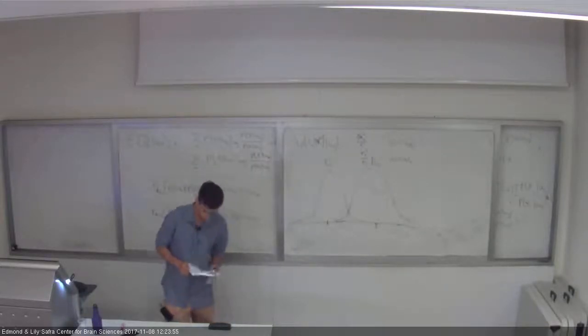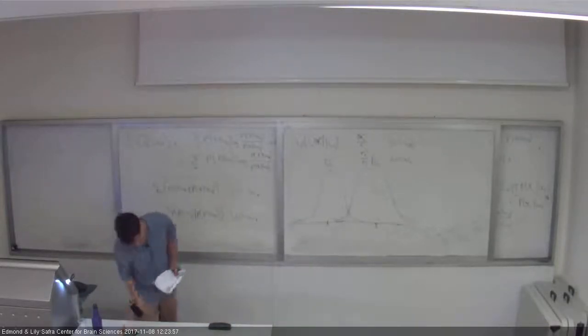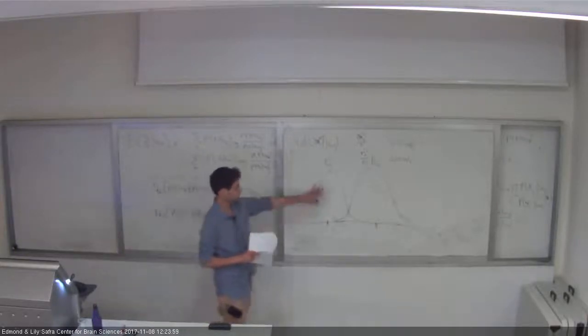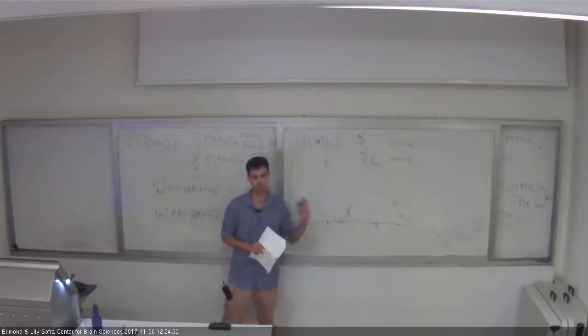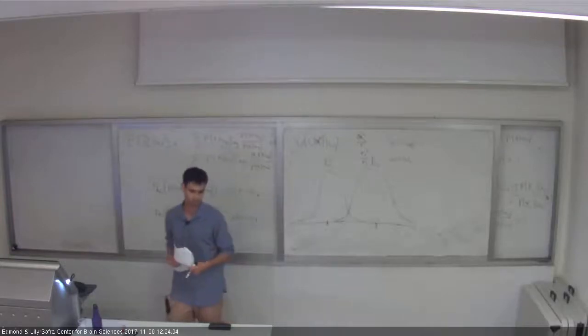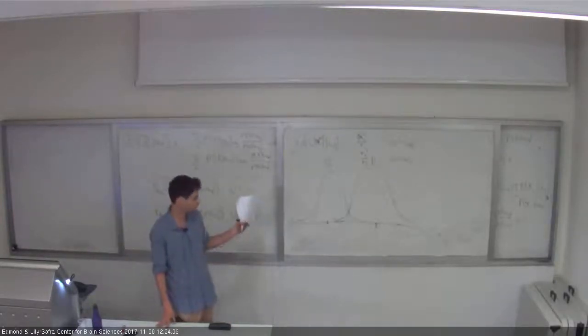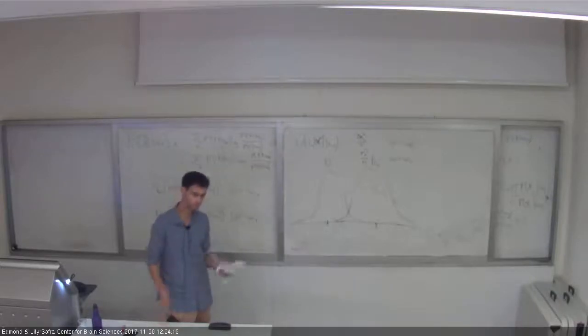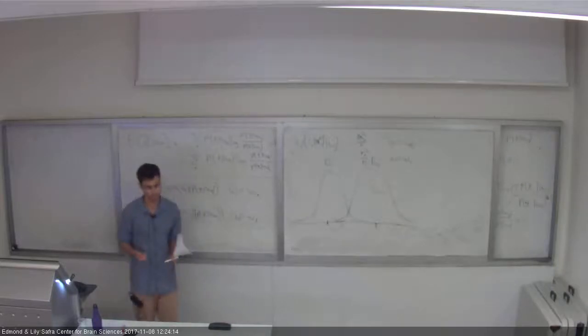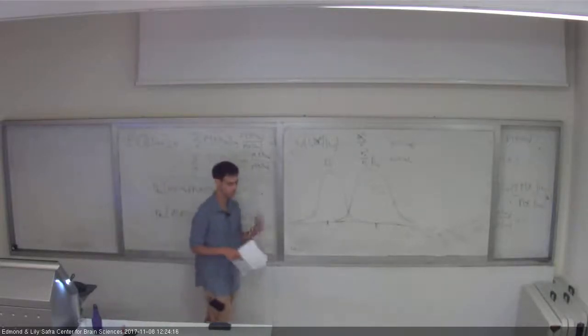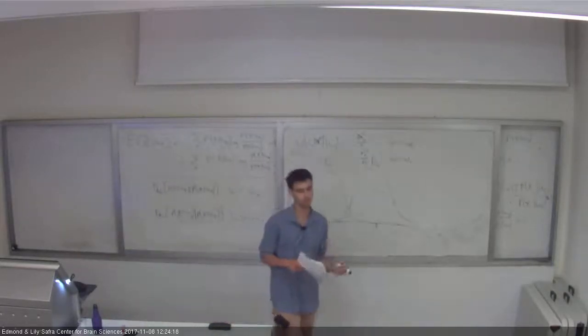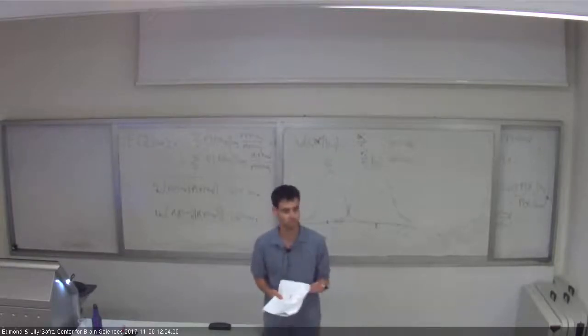So the main point of all this is just to emphasize that as we get more and more examples and more observations, we'll be more and more accurate in our decision.